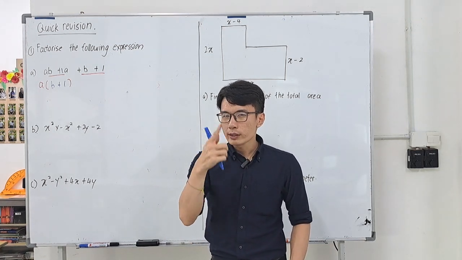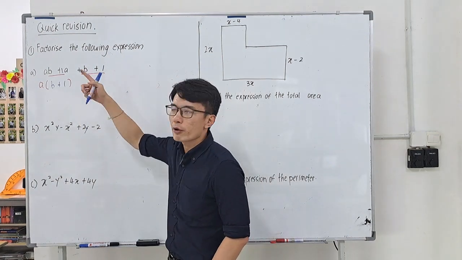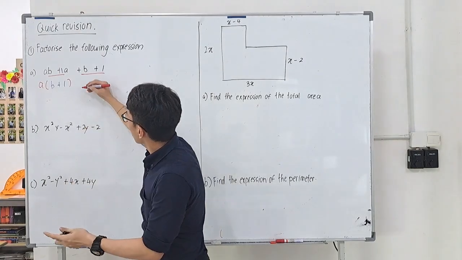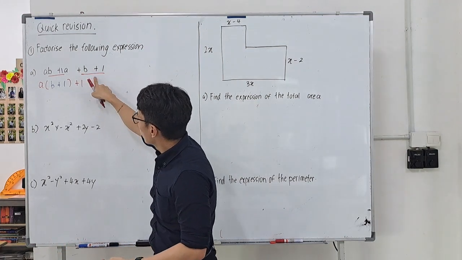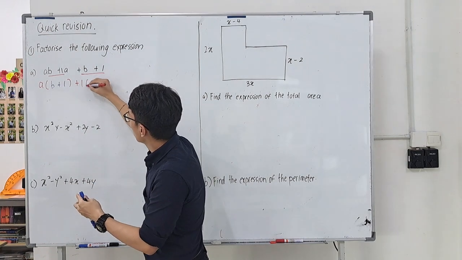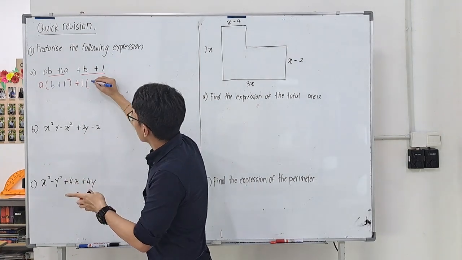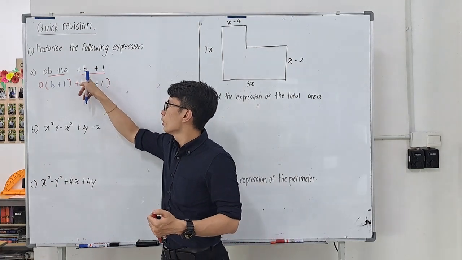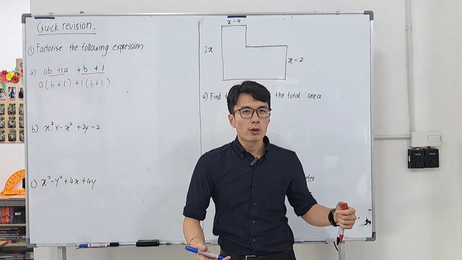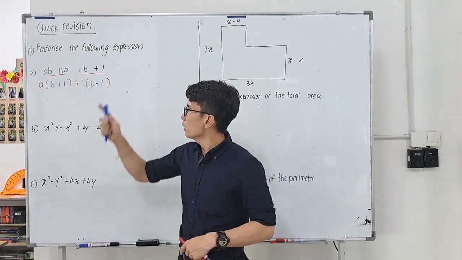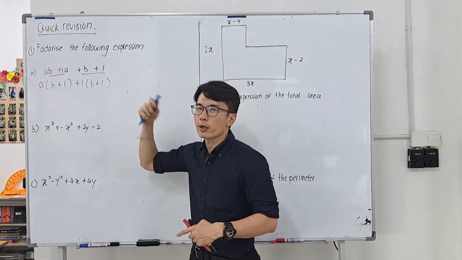So if I factorize out 1, what is going to be inside my bracket now? It's going to be the same thing, B plus 1. Most of the time, if we factorize an expression by 1, it's not going to be useful, but it's going to be useful in pairwise.